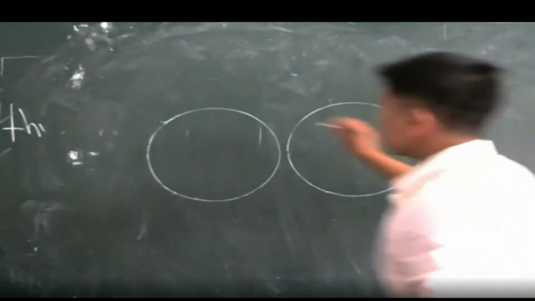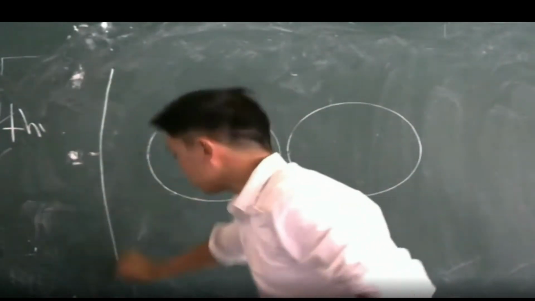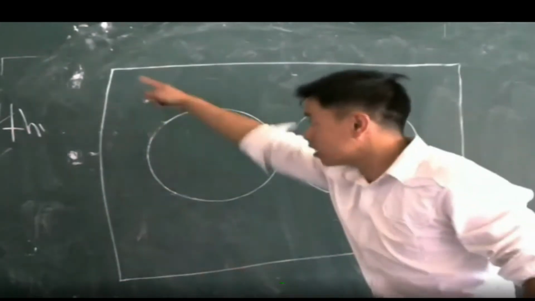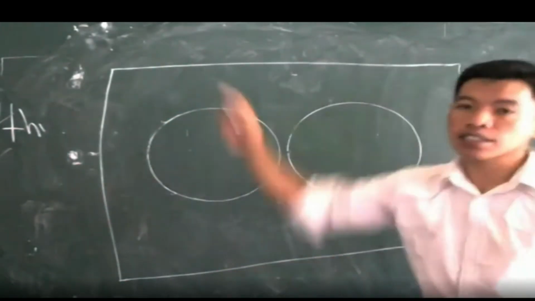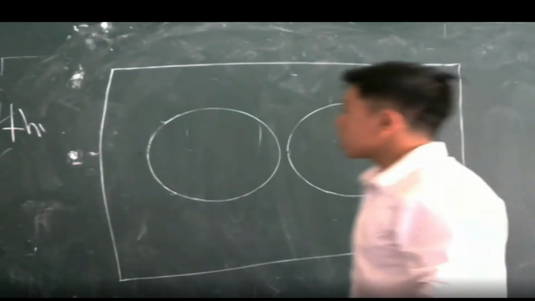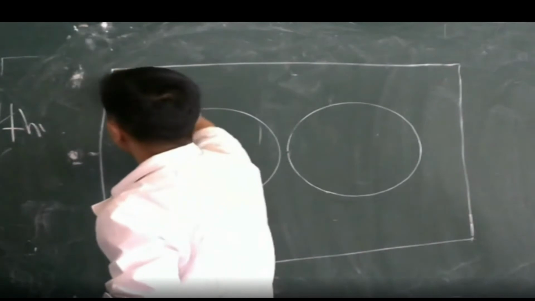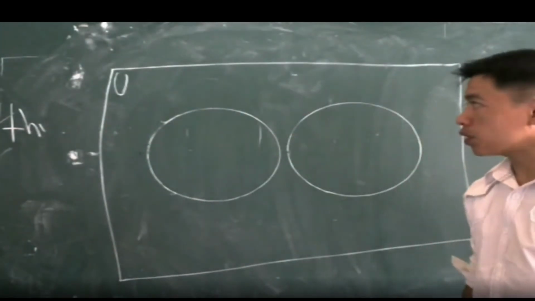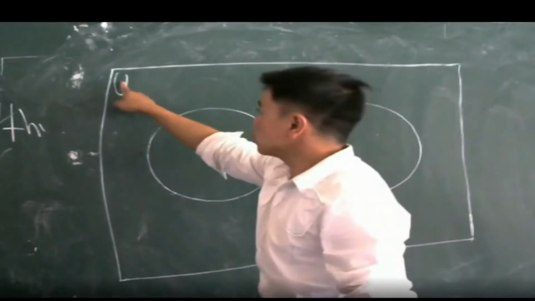And then it is enclosed by a rectangle. So assume that this one is a rectangle, 4 sides. And then it is our universal set, U.